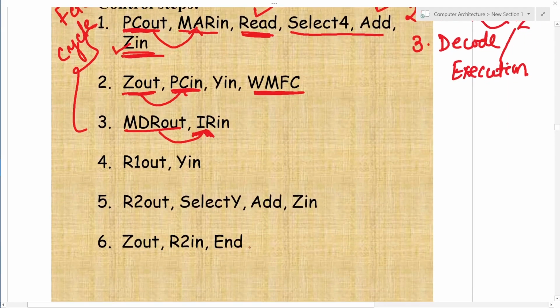The same thing is written here. The content of R1 is to be out, the control signal will be R1 out, and it is placed in the temporary register Y, which is the multiplexer input. It will be available at port A of the ALU. In the next step I select R2 out and select Y, which represents R1, and the ALU will perform the addition operation, and the result will be input to the register Z by the help of the Z in signal.